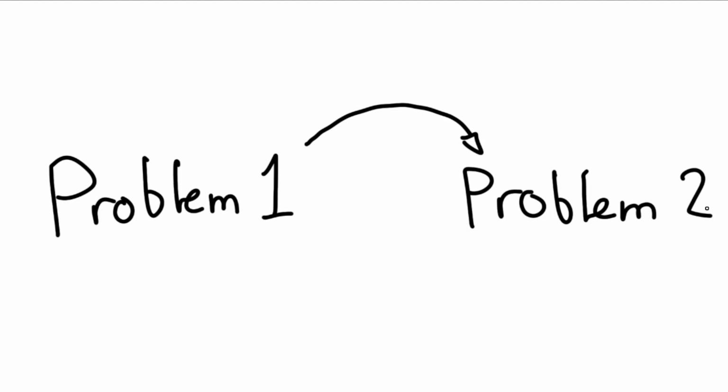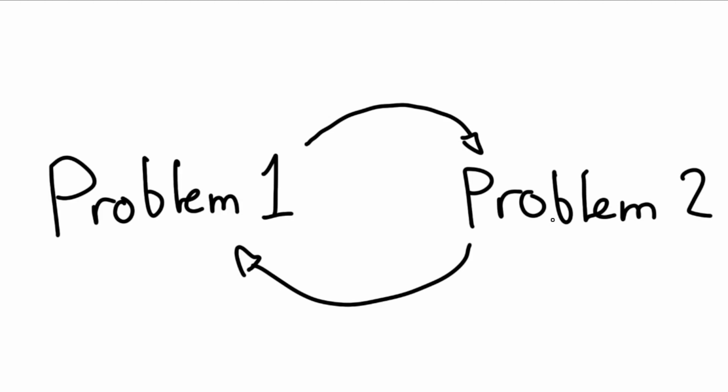Sometimes solutions to one problem allow solutions to other problems. And if we convert one problem into another quickly, a solution to the second problem will give a solution to the first.